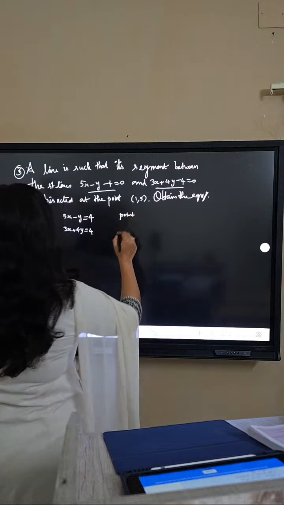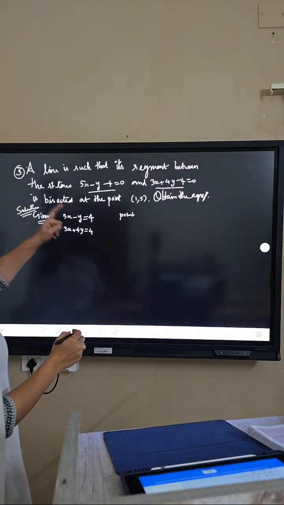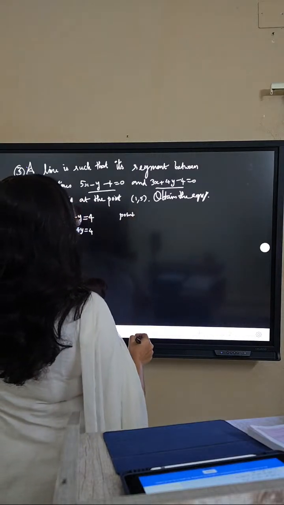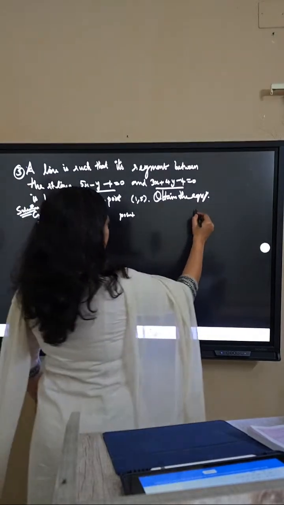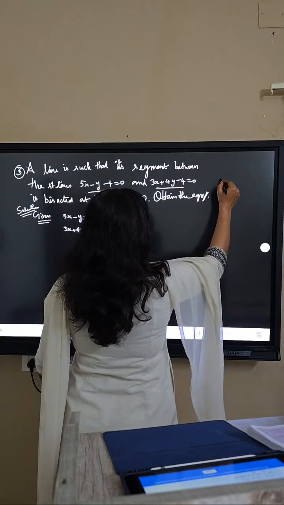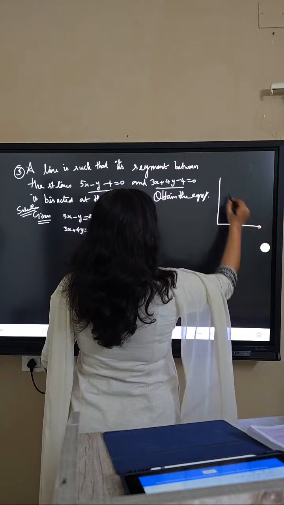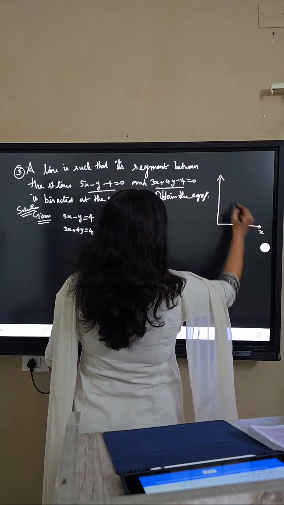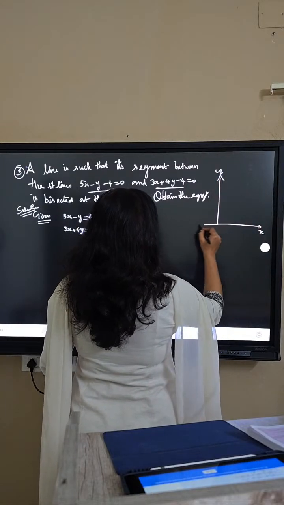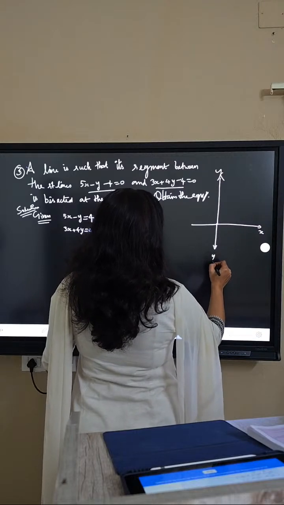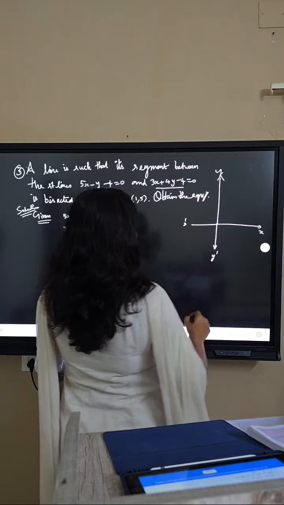Okay, what is given: a line is such that its segment between the straight lines is bisected at the point. What is the meaning? Actually, if you draw a picture, the axes will be the x and y axes. For example, we are taking this as y prime and x prime, the negative axes.